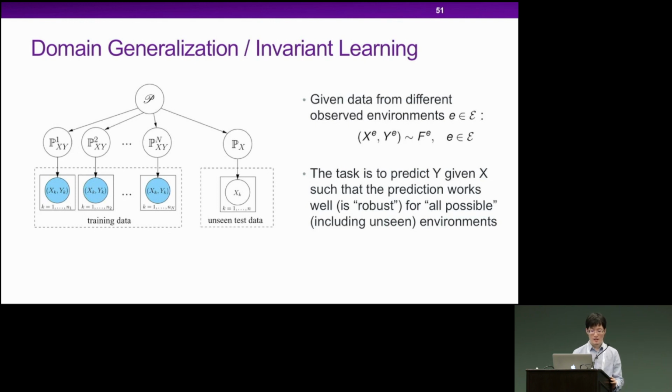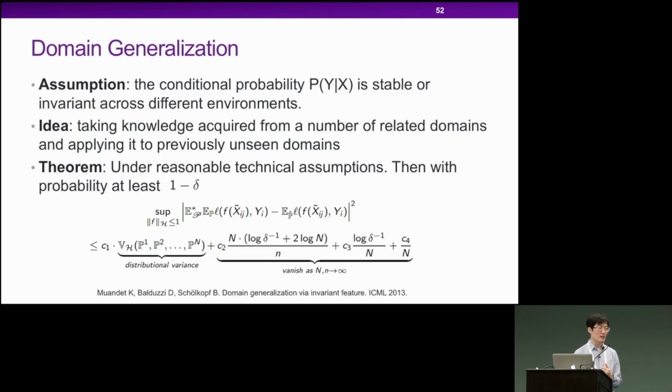In domain generalization, the basic assumption is that the conditional probability P(y given x) is stable, or invariant, across different environments. If we have this assumption, we just take the knowledge acquired from some related domains or environments, and then apply it to previously unseen domains. So this is the key idea. This was done by Professor Sharkov.